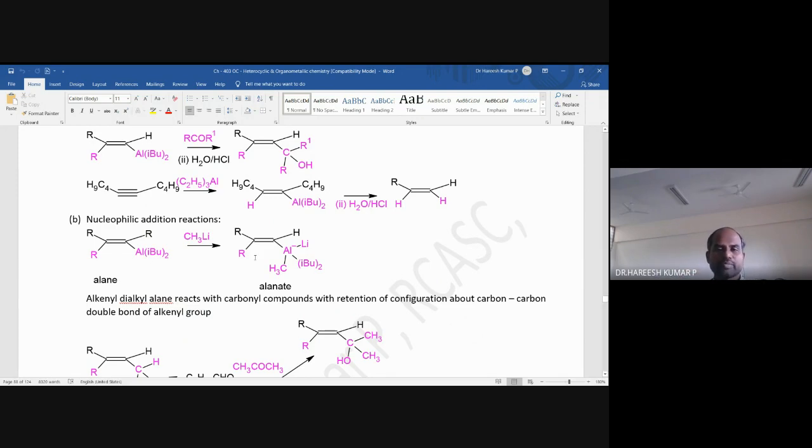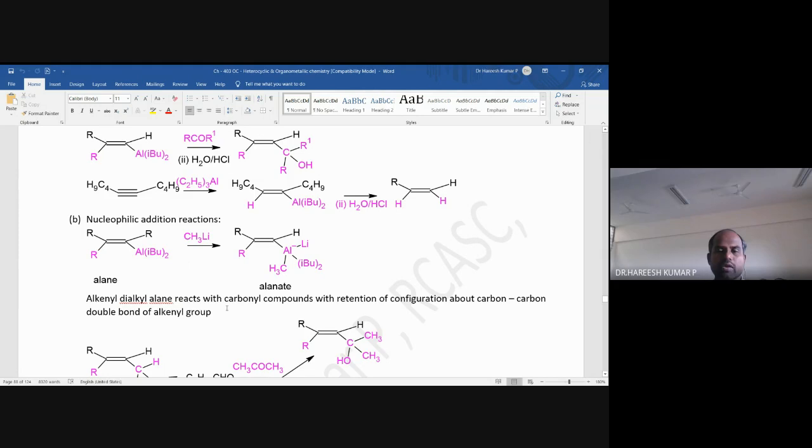You know that aluminum will have a lone pair. So that lone pair can accept electrons from the methyl group. So when it accepts an electron from the methyl group, aluminum is converted into an anion, and that anion is neutralized by Li plus.